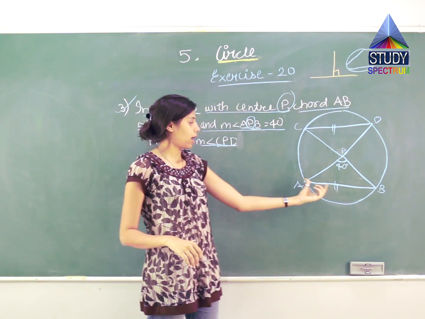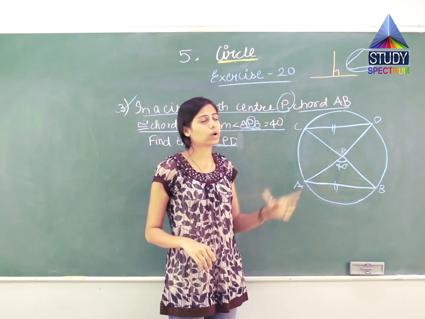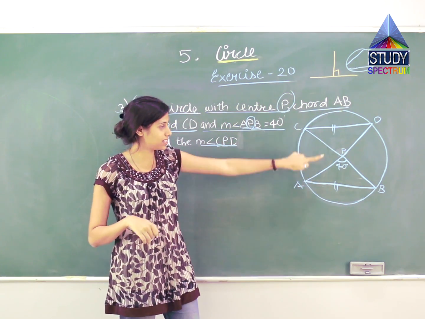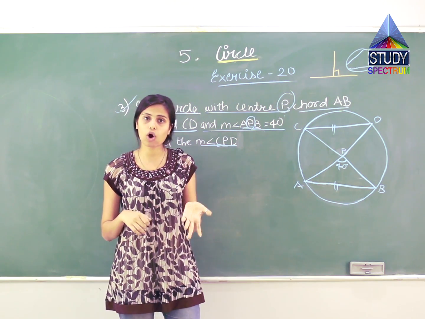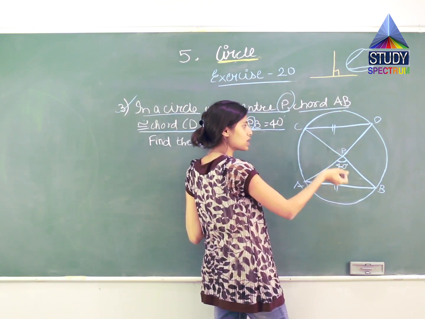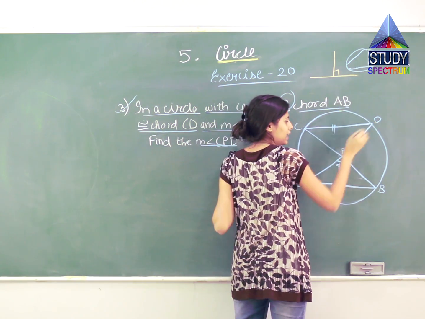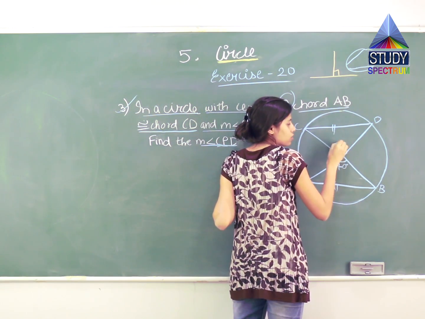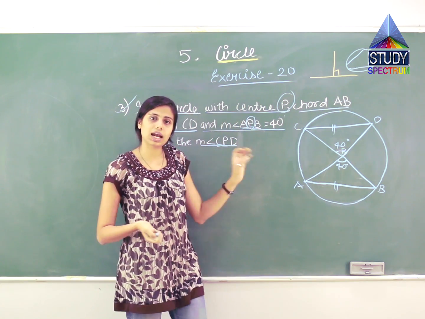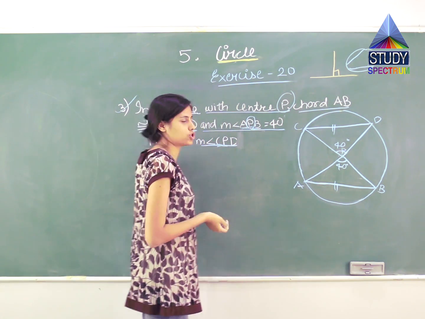Over here, chord AB is congruent to chord CD. So the angles made by these chords at this center will also be what? Congruent. So angle APD will be congruent to which angle? Angle CPD. So angle CPD will be how much? 40 degree, because congruent means what? Same. So let us see how to write this question.